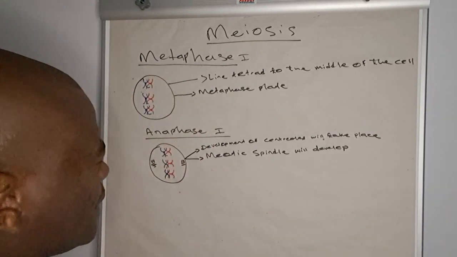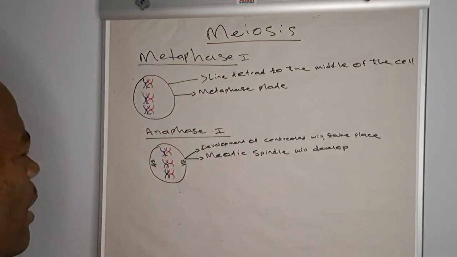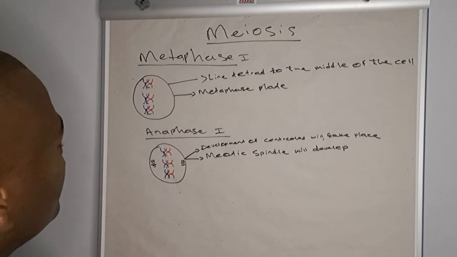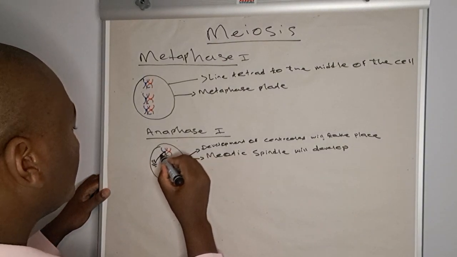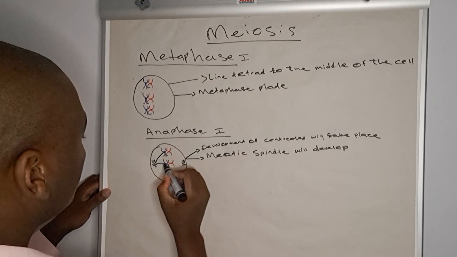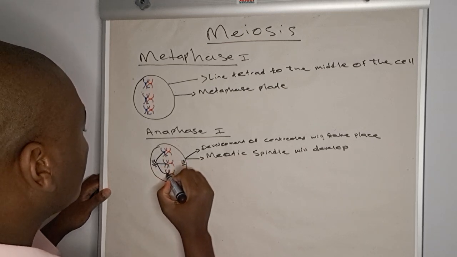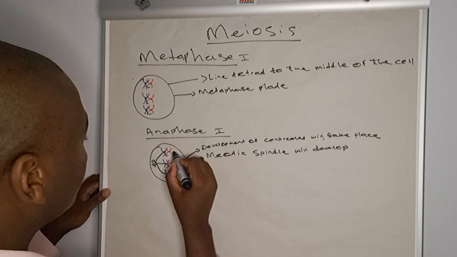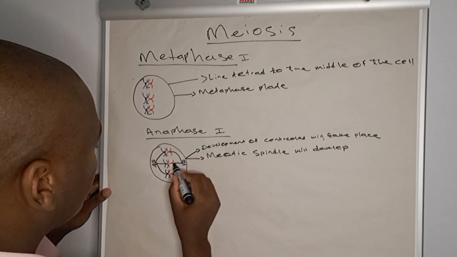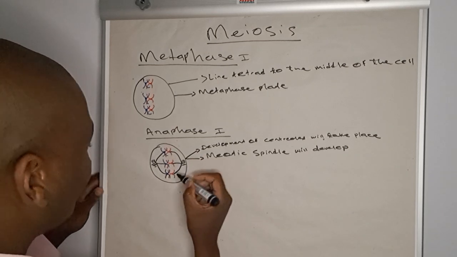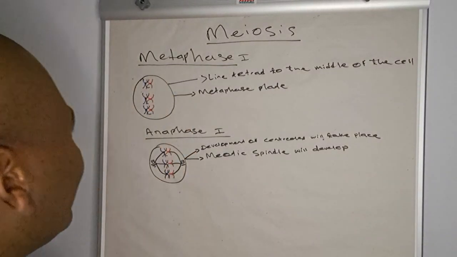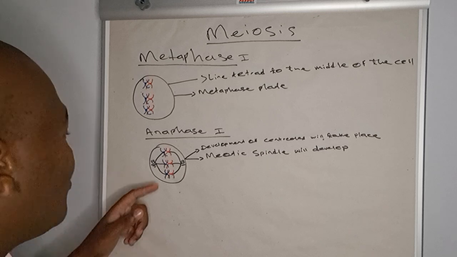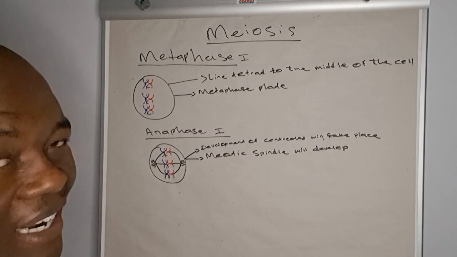What is this meiotic spindle? Why do we have to develop it here so that there can be some attachment? Good people, I'm sure you understand, all of you, what is the function of the centromere.